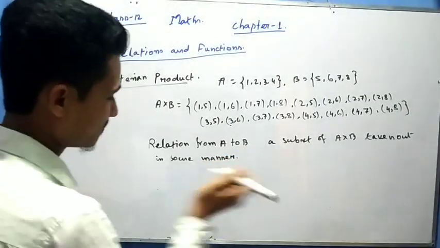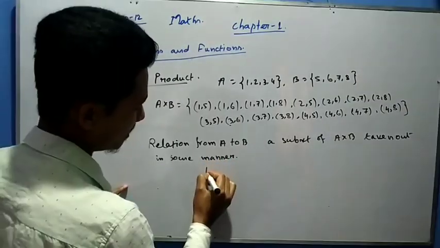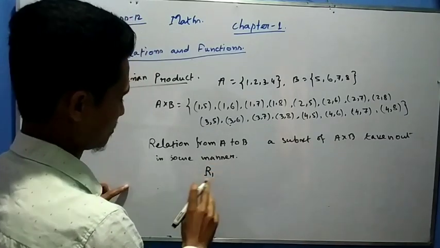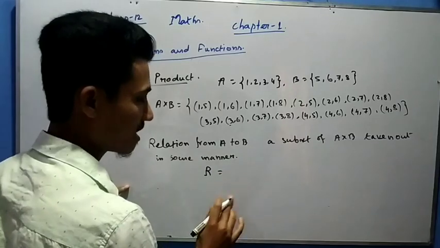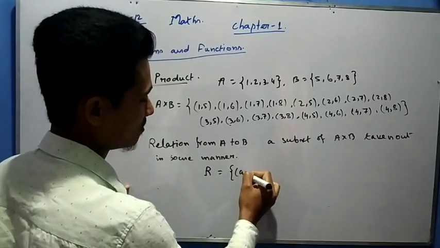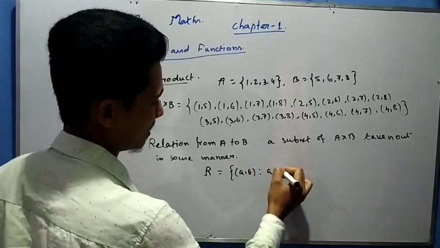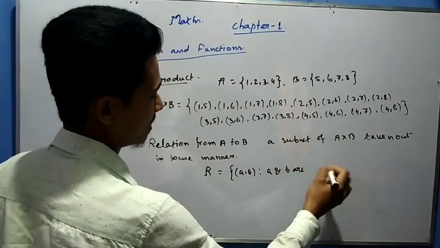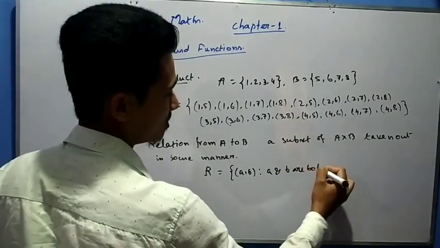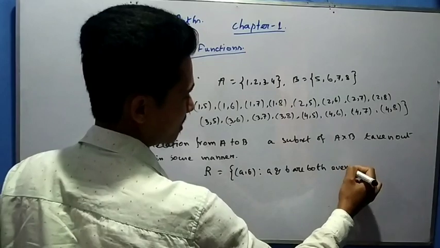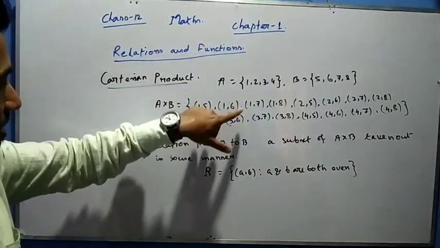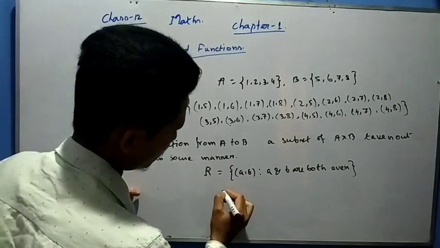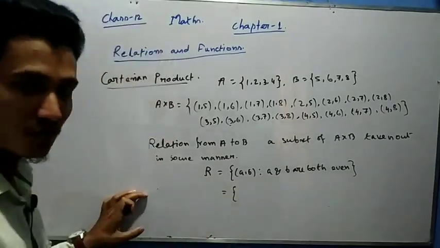For example, suppose we denote relation R1, or you can say R equal to the set of all ordered pairs (a, b) such that a and b are both even. Now see, what are the elements in this set?